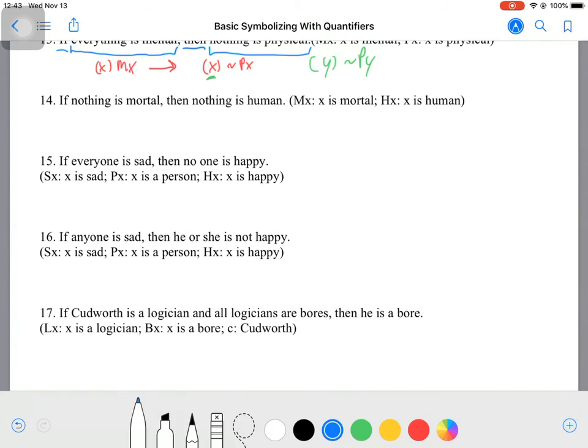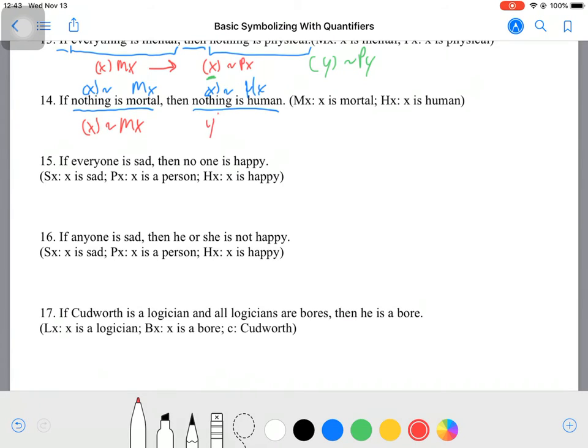If nothing is mortal, then nothing is human. So we're going to do the same thing. We're going to translate the nothing is mortal part, and the nothing is human part independently of one another. So nothing: all of X is not, then we have mortal as a category. Nothing: all of X is not, then we have human as a category. So if nothing is mortal, for all X, X is not mortal.